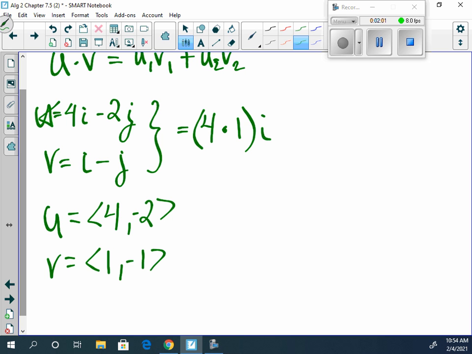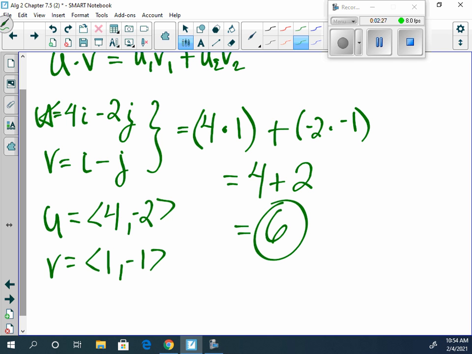I did it this way so that we can add the i and j in. So we're multiplying those first two, 4 and 1, and adding it to, we don't even need the i anymore, plus negative 2 times negative 1.